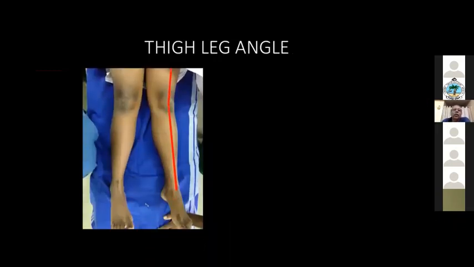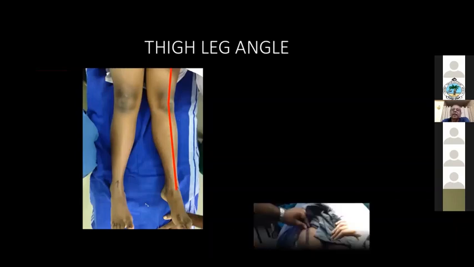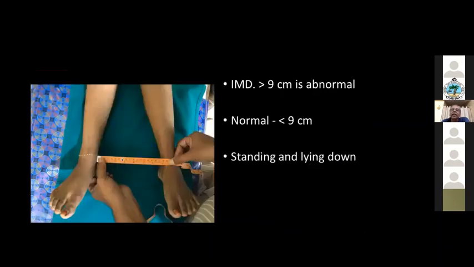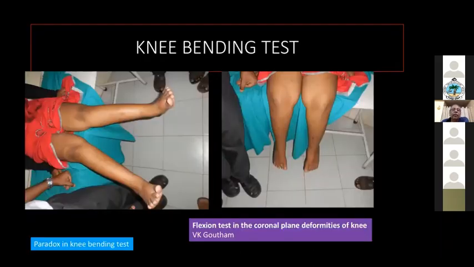This angle you can easily measure with a goniometer. Then intermalleolar distance is normally said to be below 9, and above 9 is said to be abnormal. And you always do it when the patient is standing and lying down.